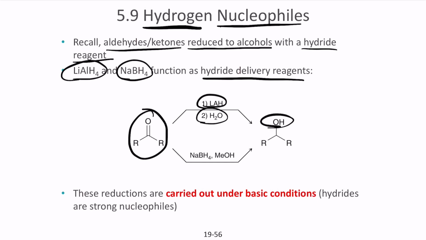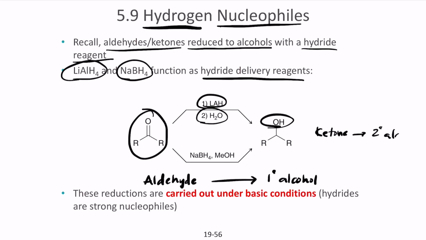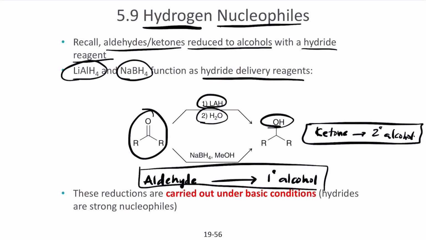For an aldehyde, LiAlH4 results in a primary alcohol, and for a ketone it results in a secondary alcohol. That's the difference between the reduction reaction for aldehyde and ketone.